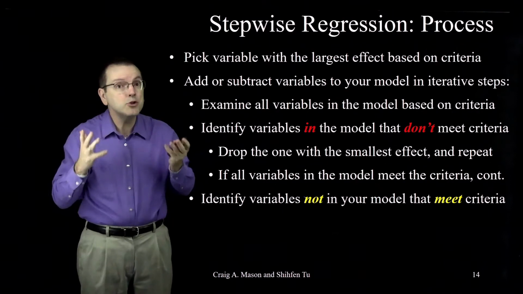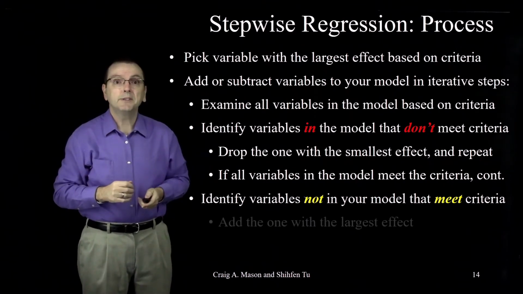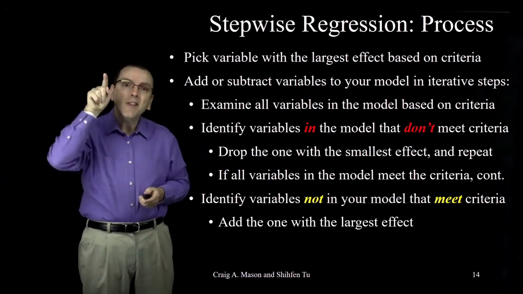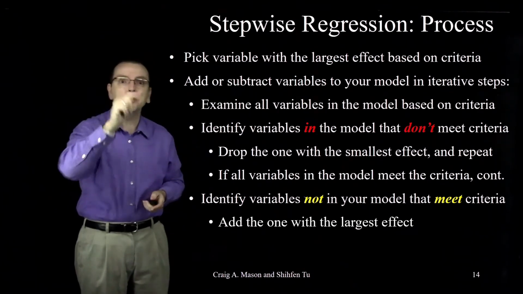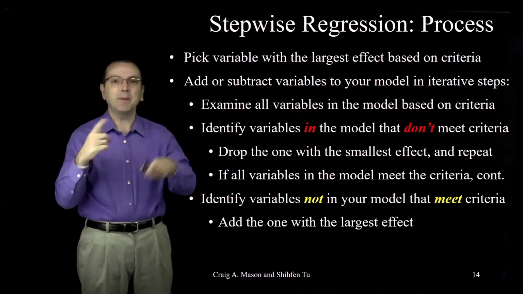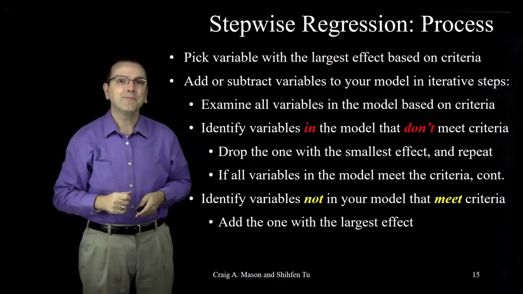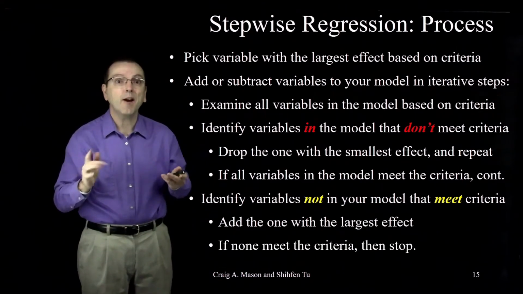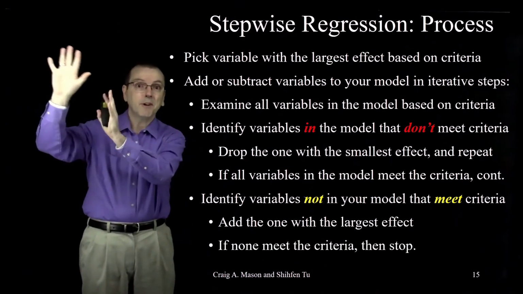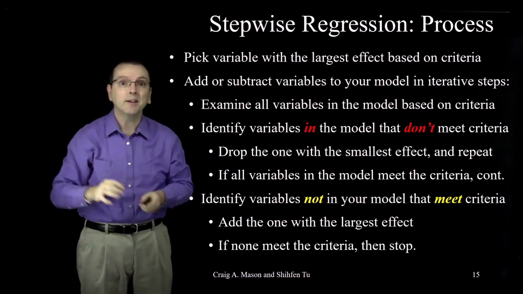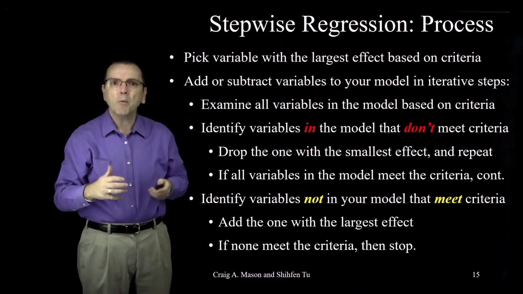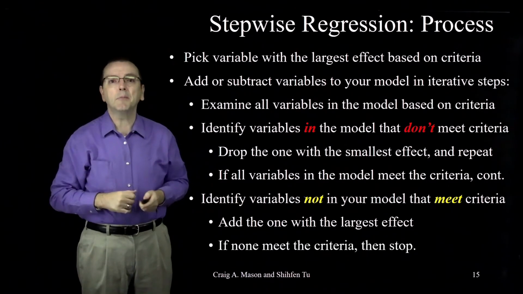If any of them do meet the criteria, we see which has the largest effect and then enter that specific variable into our model and repeat the process all over again. On the other hand, if none of the variables not in our model meet the criteria, then we're at a point where we can stop the model building process.